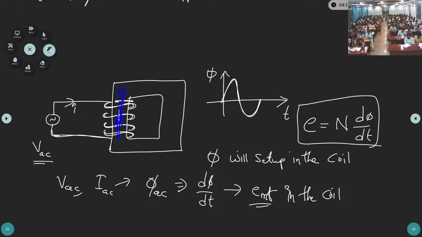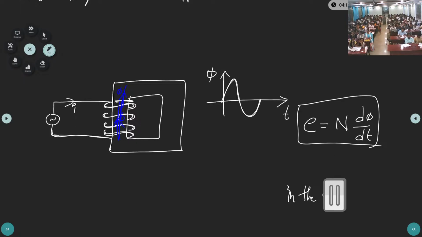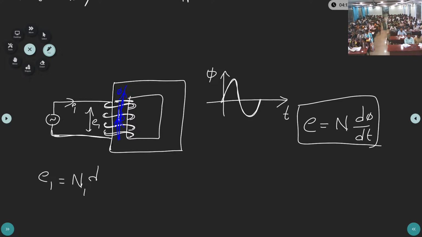So here, see, how many turns are there? If you say E1, then E1 is equal to N1 dφ by dt. What happened to this flux? This flux will flow like this. Here also we are having a winding.